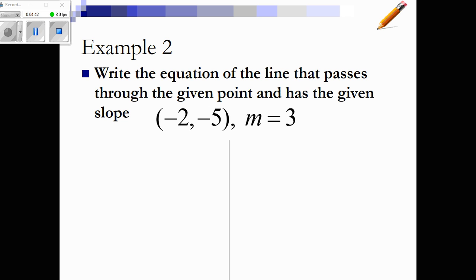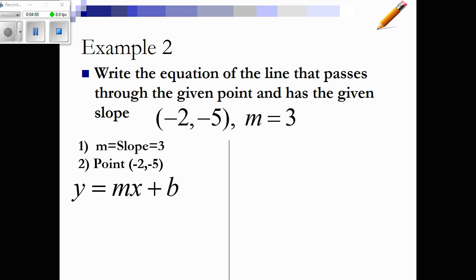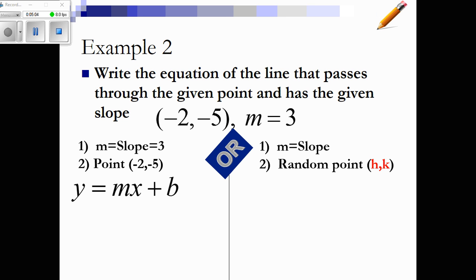So then if I have example number 2, I want to write the equation of the line that passes through the given point and has the given slope. Well, I have a slope and a point, so I could use y equals mx plus b if I really needed to, but because I have a slope and a random point and not the y-intercept, I'm going to use y equals m parentheses x minus h plus k.